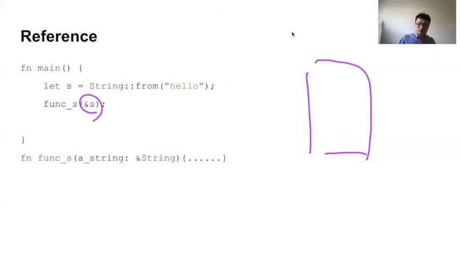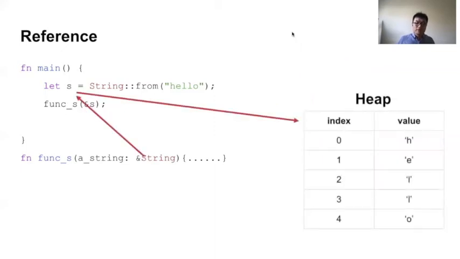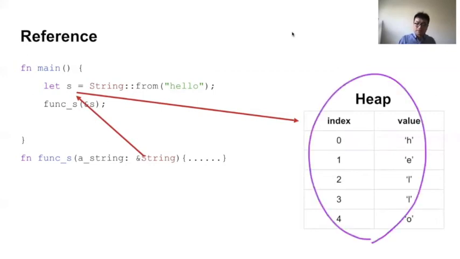So what we will do in this example is, first, x refers to the heap data, but we pass the address here, which is the address of the string. So we make a_string refer to this reference. It's very much like the double pointers concept.